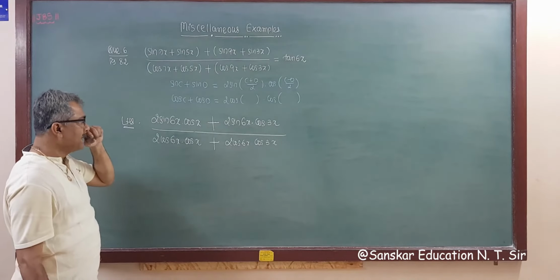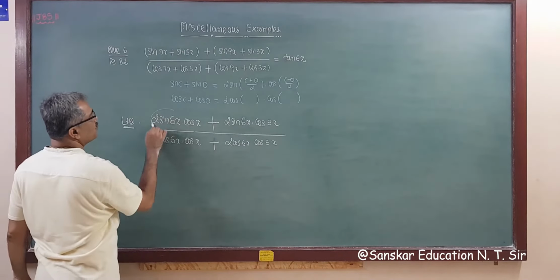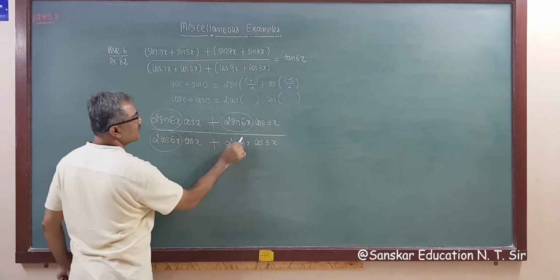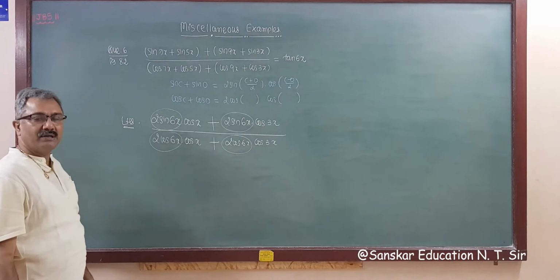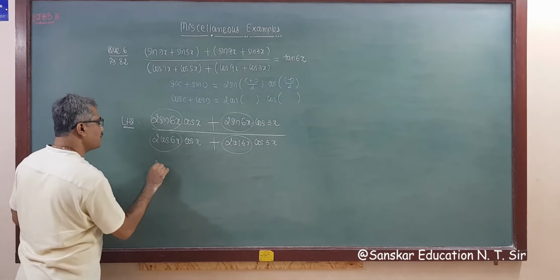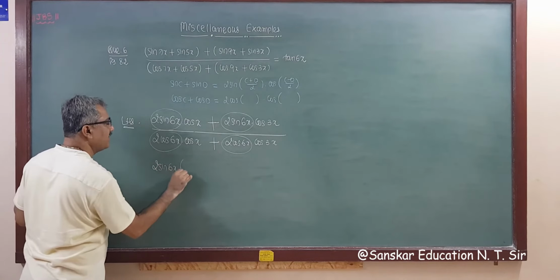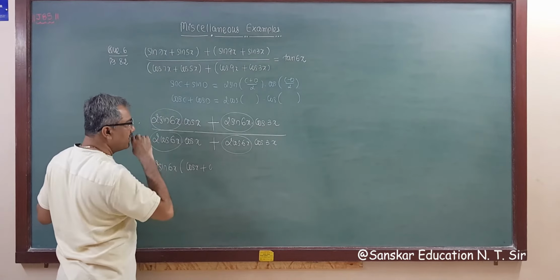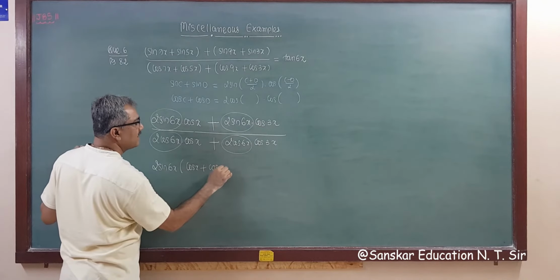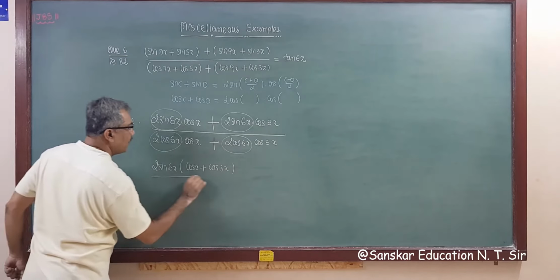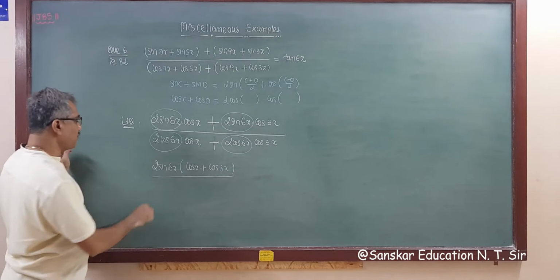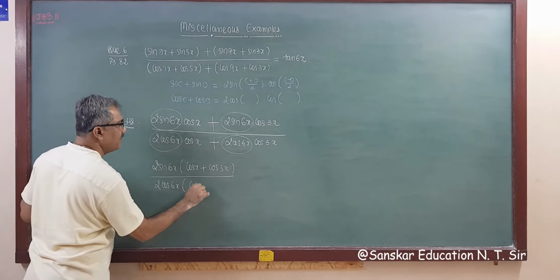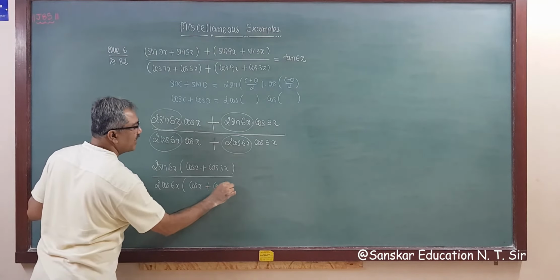So 2 sin 6x is common in the numerator, and remaining will be (cos x plus cos 3x), upon 2 cos 6x common in the denominator, and remaining will be (cos x plus cos 3x).